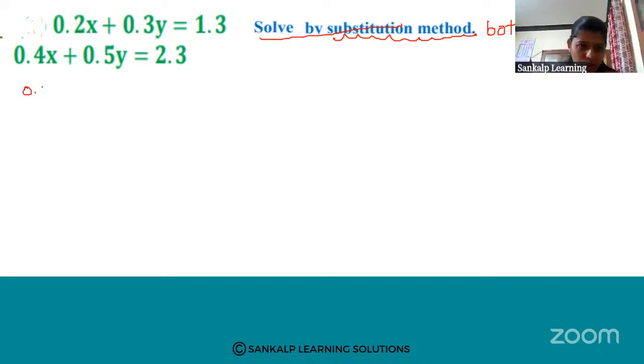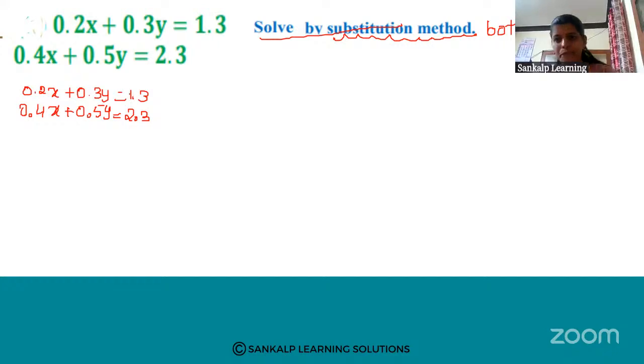This is 0.2x plus 0.3y is equal to 1.3. 0.4x plus 0.5y is equal to 2.3. Yes. So in all the cases, the decimal point is there. And the point is after 1 digit.